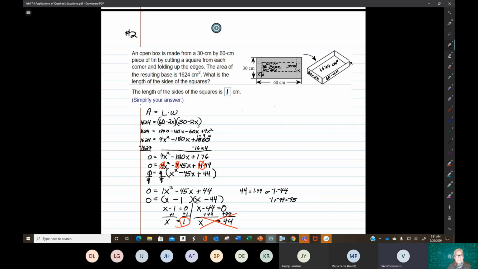Okay. Good question. You've got, let me put my little arrows here, you've got 60 multiplying 30 and negative 2x. And then you've got this negative 2x multiplying 30 and multiplying that negative 2x.